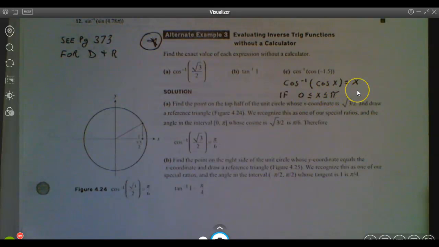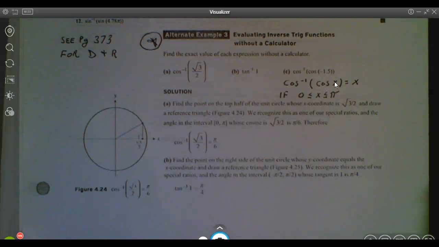So I would have to take the two-step process by hand in order to figure this out, because the shortcut doesn't exist unless this is true. So we can still say, what's the cosine of negative 1.5? In other words, the cosine of the angle, negative 1.5, gives me what length? I'm getting a length answer out of this because negative 1.5 is the angle.